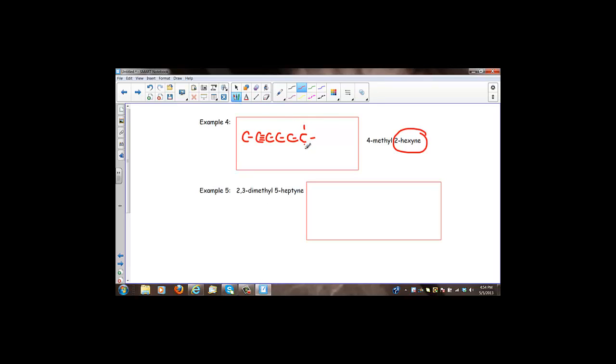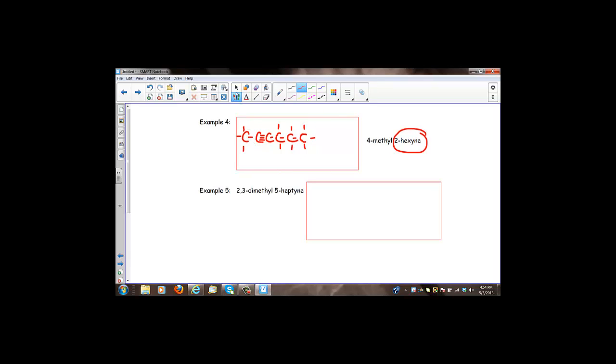Okay. So 1, 2, 3, 4. This has got 1, 2, 3, 4. This has got 1, 2, 3, 4. Let's double check and see. Oh, we have a methyl group coming off the number 4.